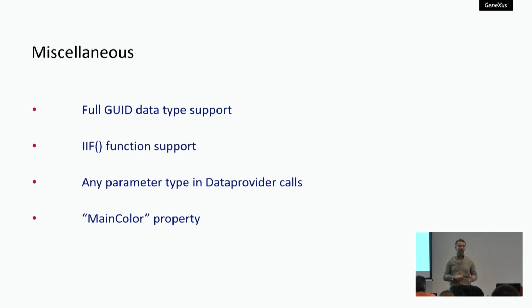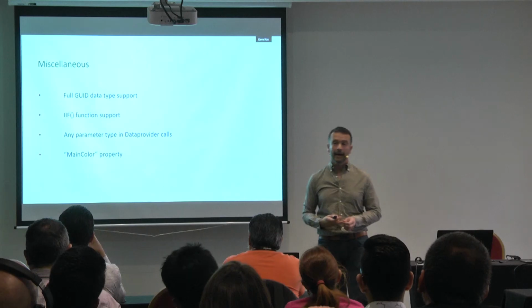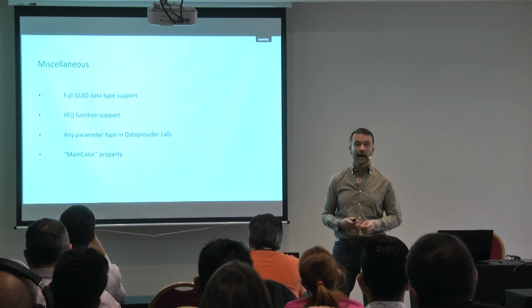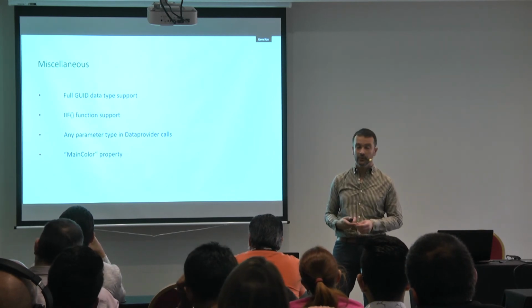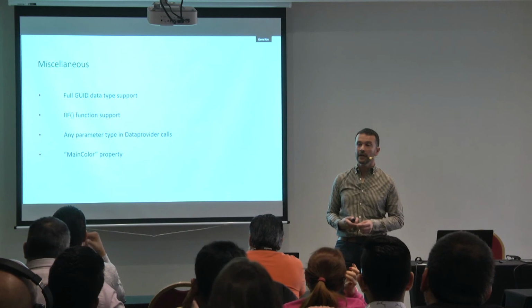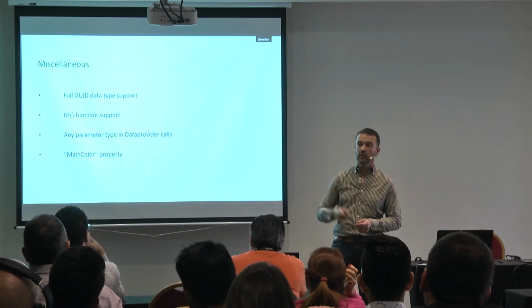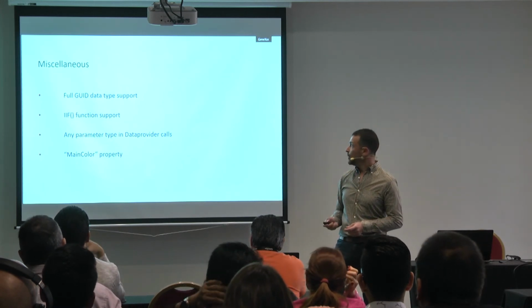We can also use not only queries, but also data providers, using any type of language. We also introduced main color at the level of query viewer and dashboard viewer to be able to change the color scheme through just one property.